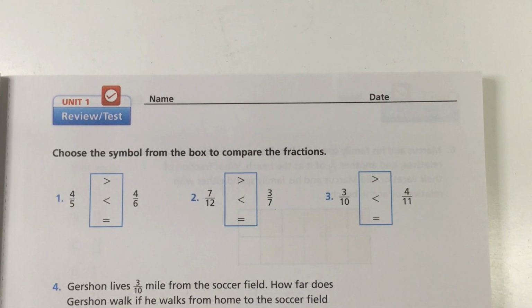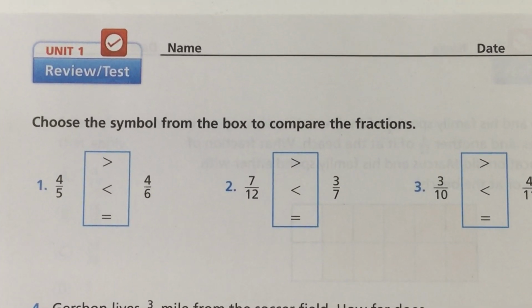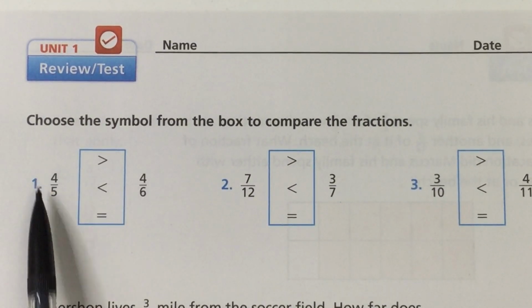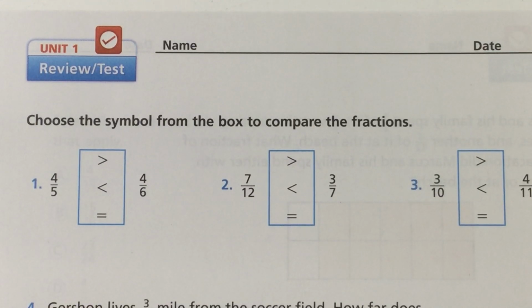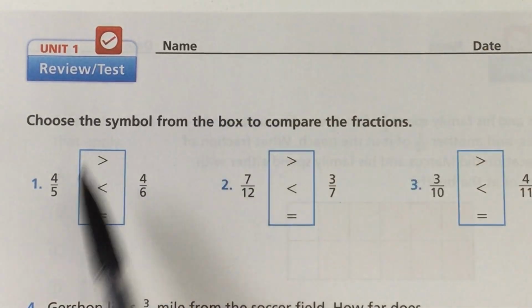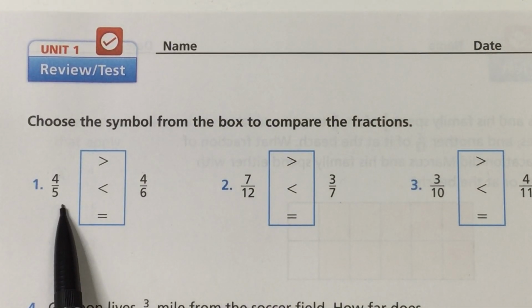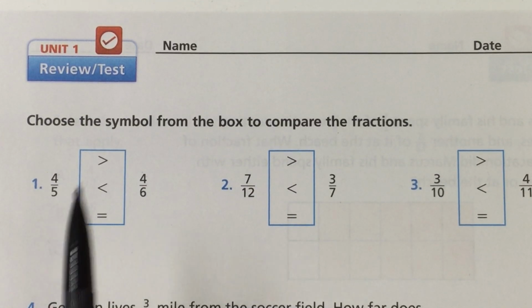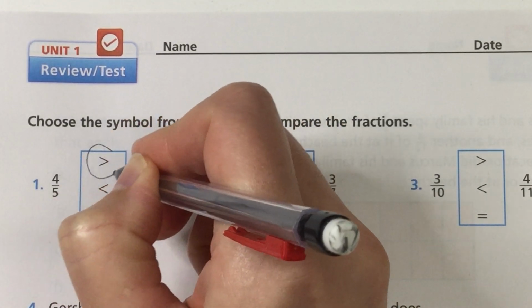We did learn something about fractions that have the same number in their top, in the numerators, and this is back from 4th grade. If you remember correctly, if the number is the same in the top, then looking at the bottom, the number that is the smallest is going to be the largest.